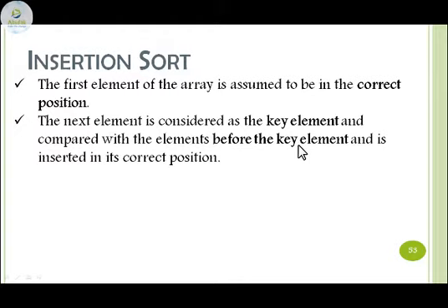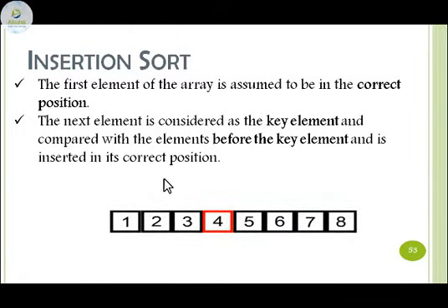The first element of the unsorted part will be taken and compared with the elements in the sorted part. It is inserted in its correct position, wherever the position of the key element lies, and that element will be placed there itself. That is how the insertion sort will work.